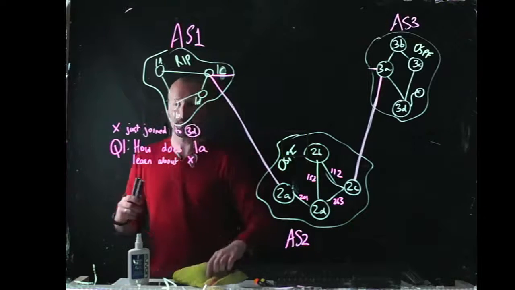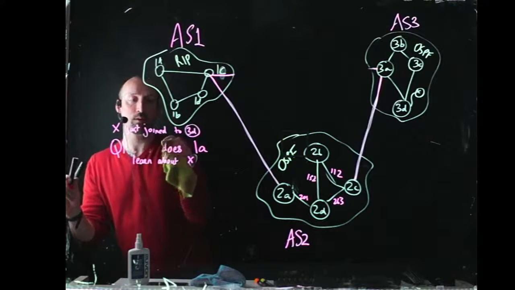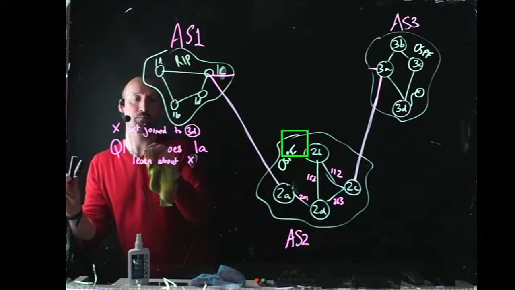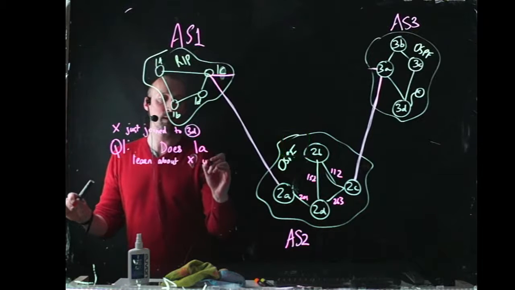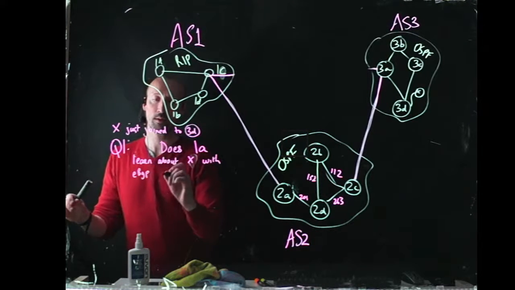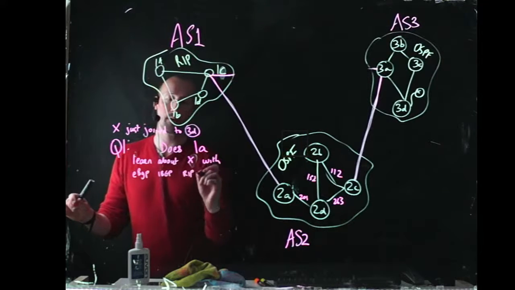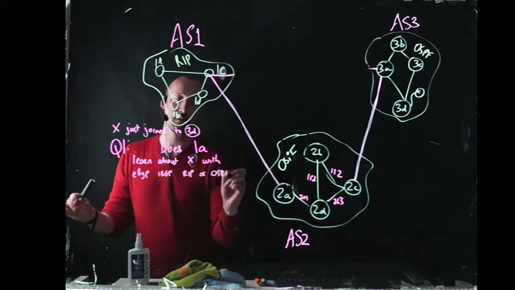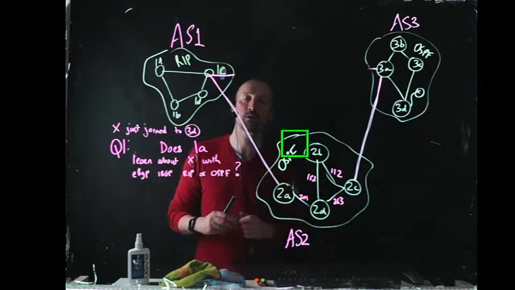Maybe I can phrase that a bit differently. Does 1A learn about X with eBGP, iBGP, RIP, or OSPF? Which do you think it is, based on what you've just learned today?